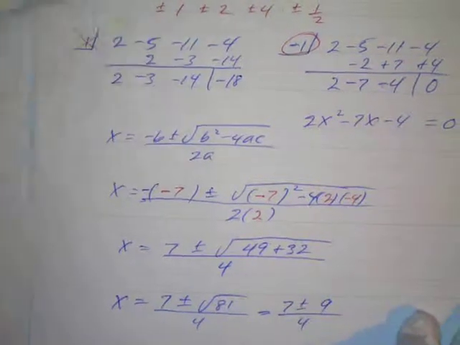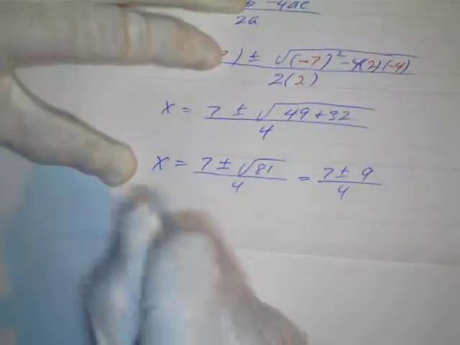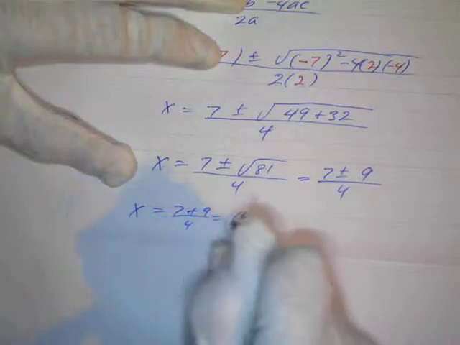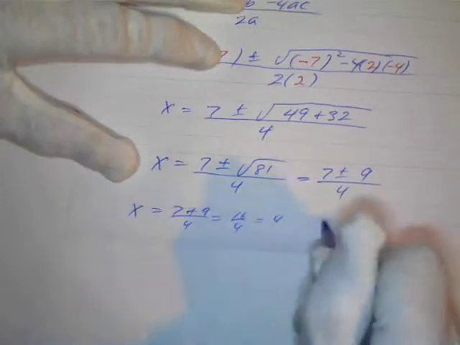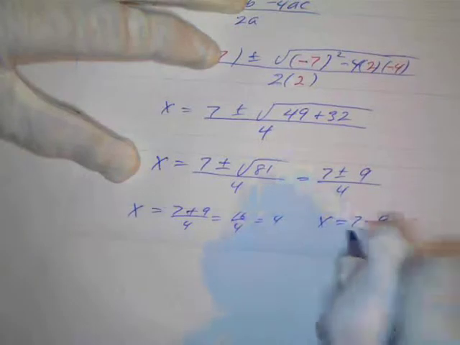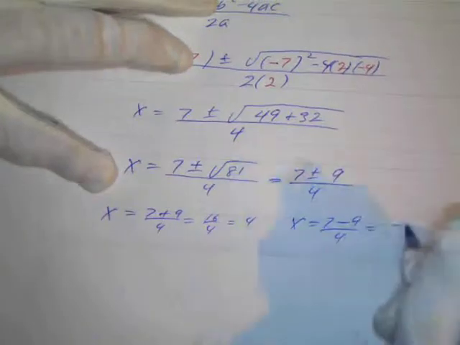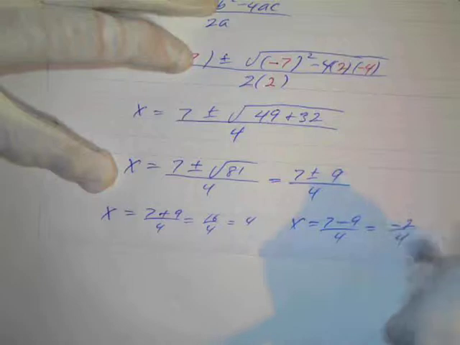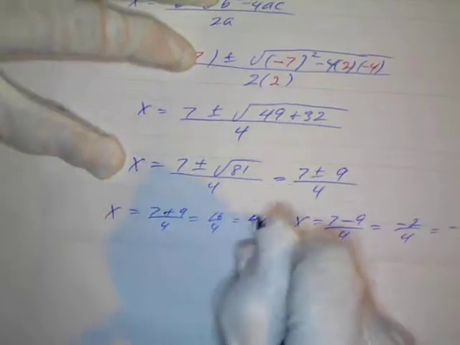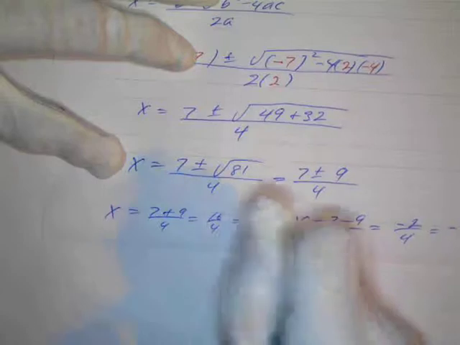So those are my possibilities. x equals 7 plus 9 over 4, which is 16 over 4, which is 4. Or x equals 7 minus 9 over 4, which is -2 over 4, which is -1/2, and those are my 3 roots: 4, -1/2, and -1.